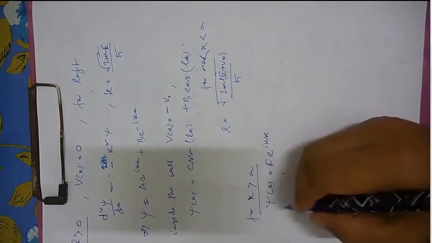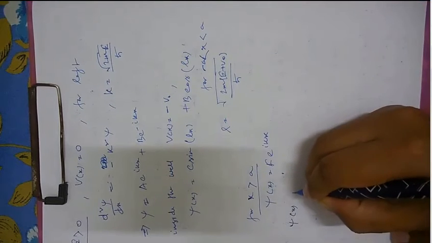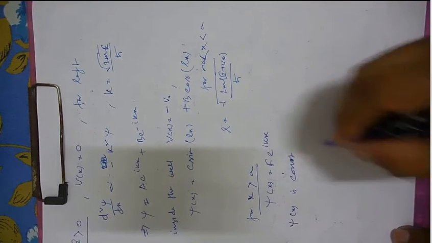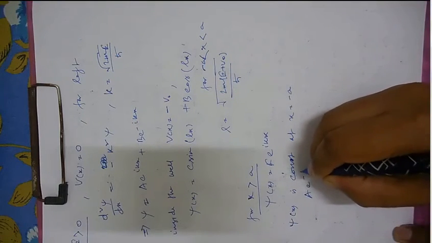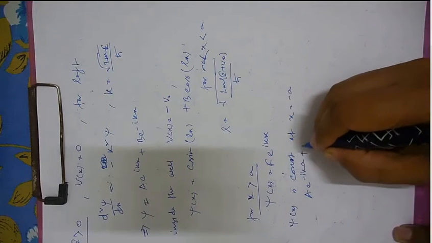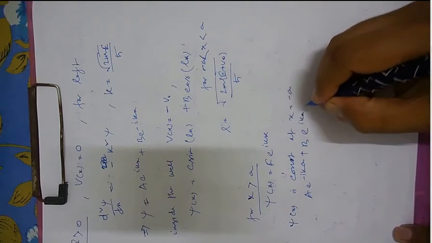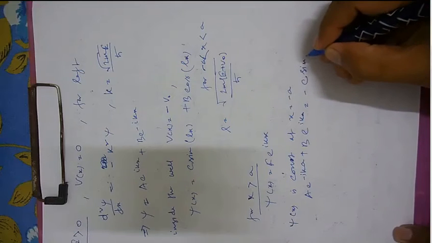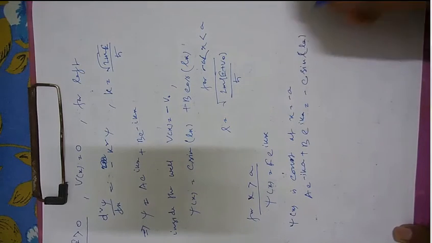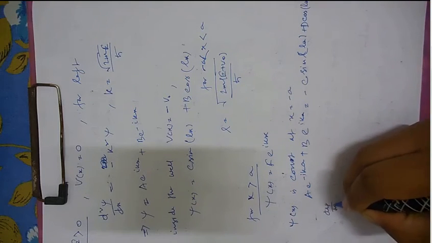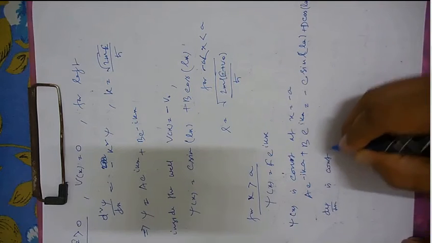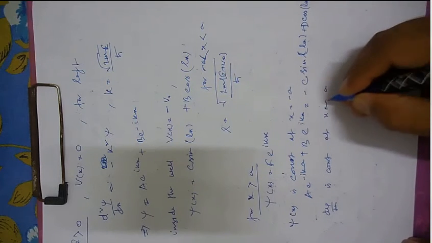So applying boundary conditions, psi(x) is continuous at x equals minus a. So you will get a exponential minus ika plus b exponential ika equals minus c sin la plus d cos la, and also d psi dx is continuous at x equals minus a.